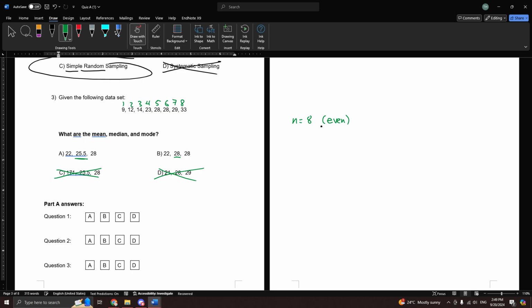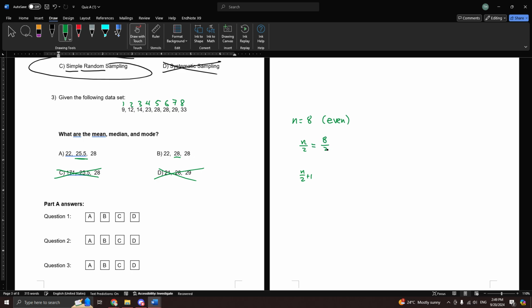So when we have an even amount of values, we should do n over 2 and n over 2 plus 1. It's really important to remember that n over 2 and n over 2 plus 1 don't give me my median, they give me the position of the middle values. Once we have those positions, we can find the middle values, and we'll take the number directly between those two numbers.